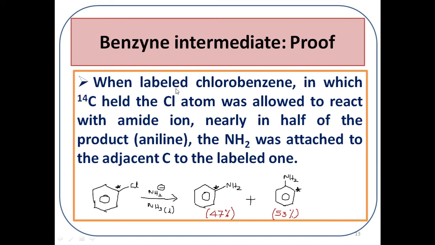When we take chlorobenzene with a labeled atom, in that labeled chlorobenzene, the chlorine atom is attached to the C14 atom, and when it was allowed to react with amide ion, in nearly half of the product, that is aniline, the NH2 was found to attach to the adjacent carbon atom to the labeled carbon atom, and the percentage yield is given in the bracket.